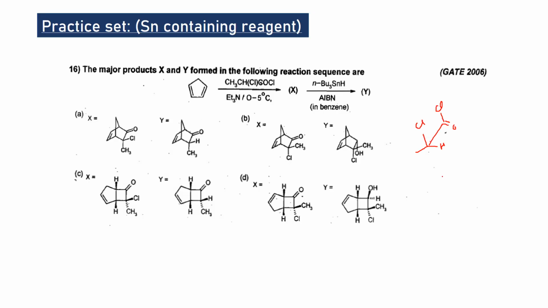So in presence of base, this undergoes an elimination reaction where the base takes this proton and Cl gets removed from the system, forming this ketene type of moiety.